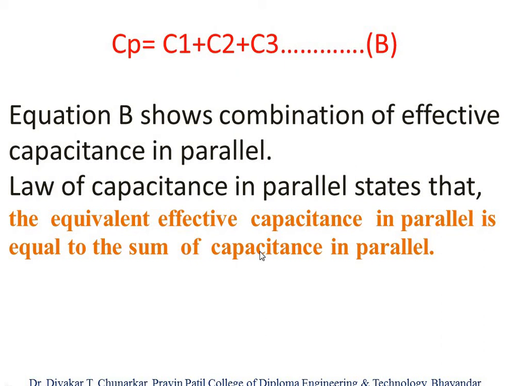Again I repeat, Cp equal to C1 plus C2 plus C3. This is the formula for parallel capacitance, where Cp is the equivalent capacitance in parallel, equal to the sum of the capacitances in parallel combination.